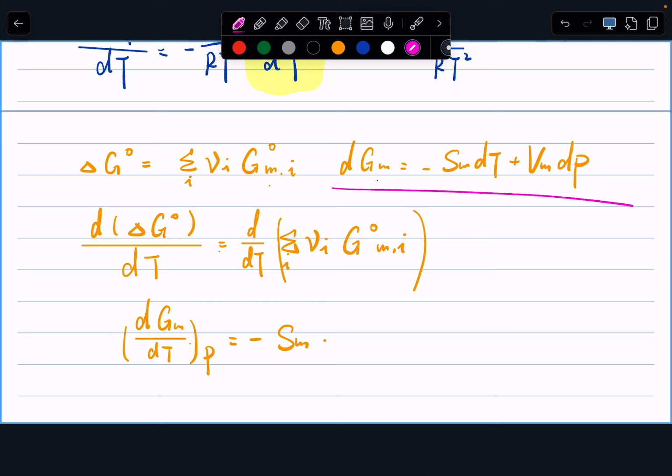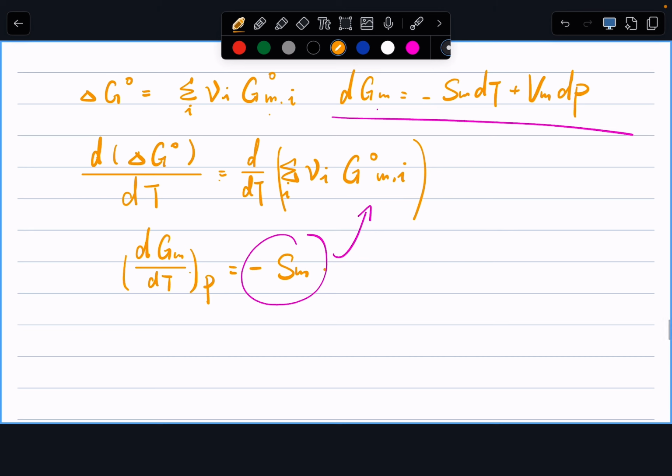Plugging this back into the relationship, we get d delta G naught over dT equals the negative sum of stoichiometric coefficient times the standard conventional molar entropy of each species, which just equals negative delta S naught, the standard entropy of the reaction.